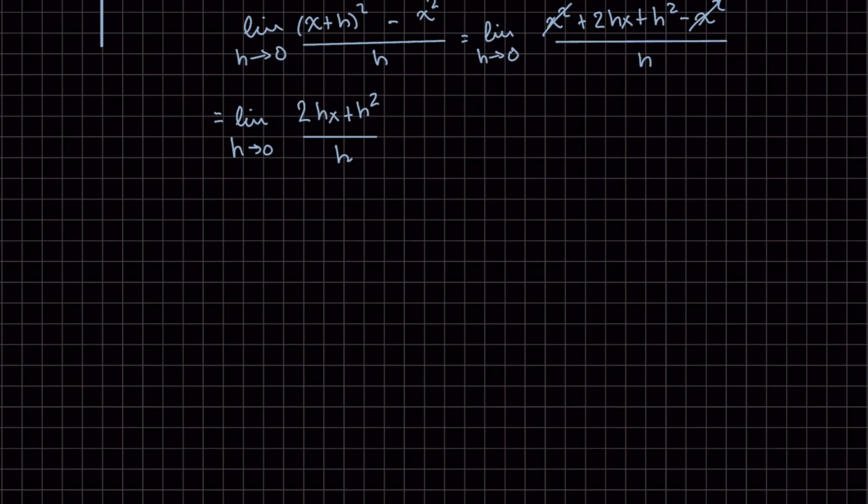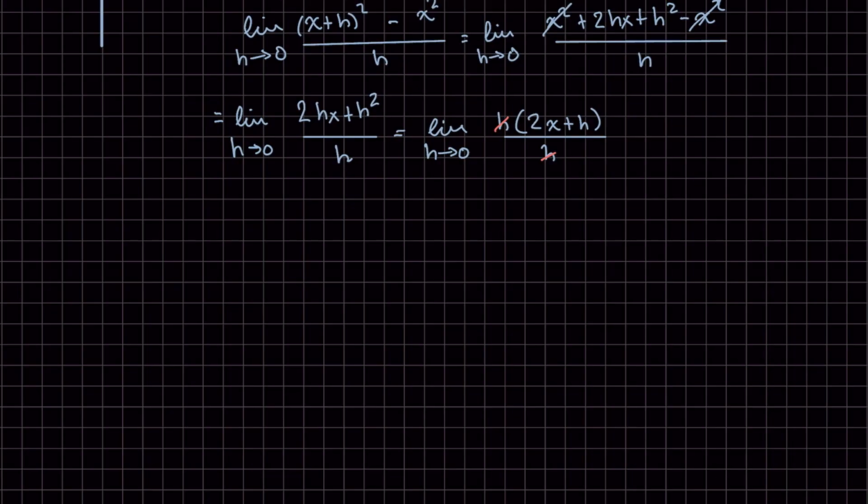Well, we can actually factor out an h on the top, as you might have seen already. You might not have, that's okay. So the limit as h approaches 0 of h times 2x plus h over h. And then these h's will cancel.